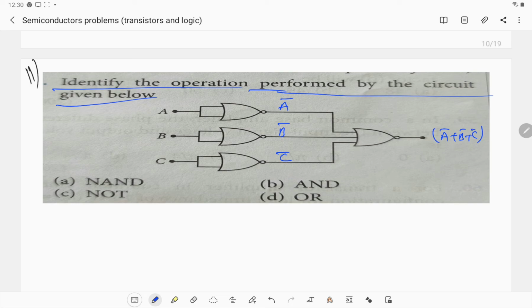But another NOT gate is there. This becomes, according to De Morgan's theorem, if there is plus, I would place dot, meaning A double bar dot B double bar dot C double bar. This becomes A dot B dot C.